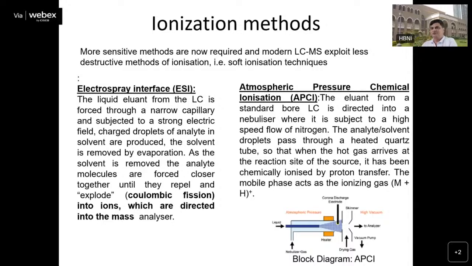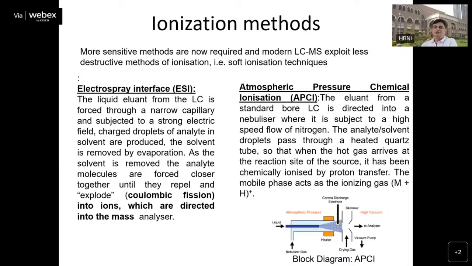So what is happening in the case of atmospheric pressure chemical ionization? The eluent from the LC goes directly into a nebulizer, where it is subjected to a high speed flow of nitrogen gas, and the analyte and solvent droplets pass through a heated quartz tube, so that when the hot gas arrives at the reaction site of the source, it is chemically ionized by proton transfer, and the mobile phase acts as the ionization gas. That is how we generate these ions, and these ions are fed into the mass analyzers.